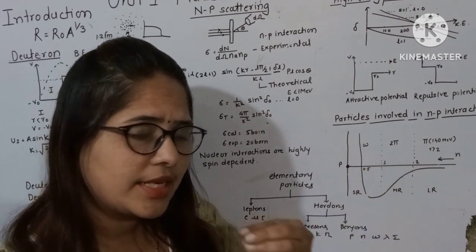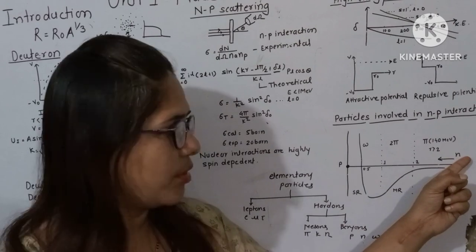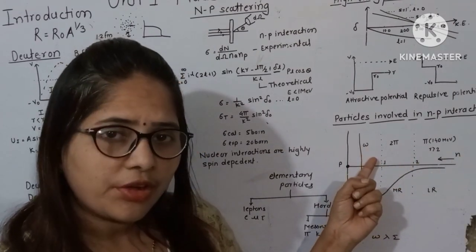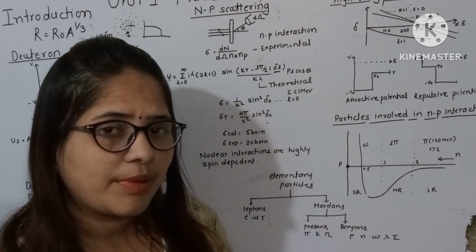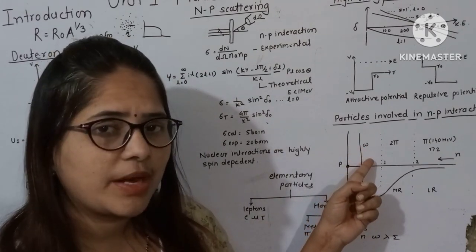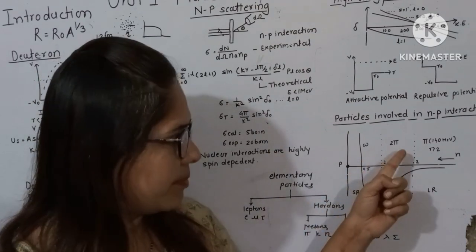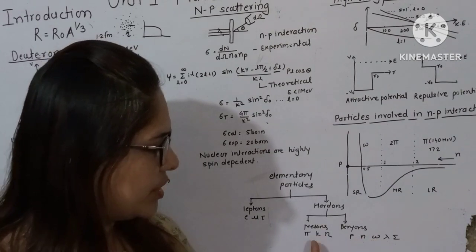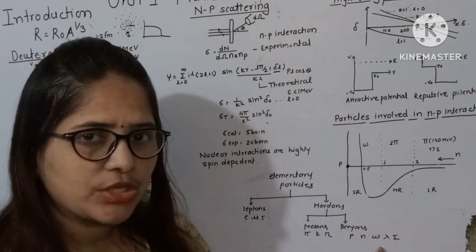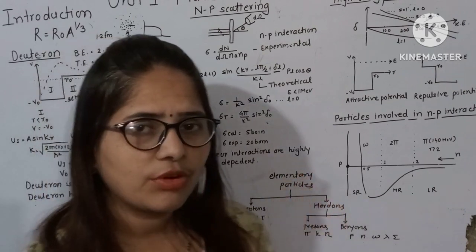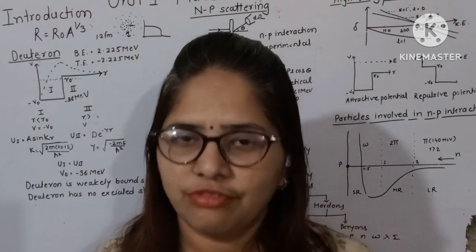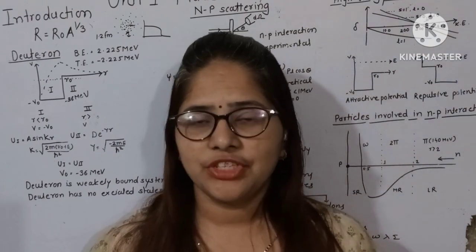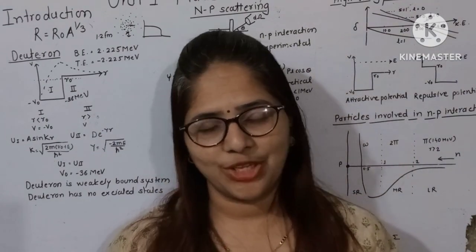Now if you again increase the kinetic energy of this neutron, what will happen? It will try to reach into the short range, and here the exchange particle will be heavier than a pion. Omega is a baryon, which is much heavier than these mesons. So this is what we have seen in our first unit. In my next video we will take the revision of our second unit. Thank you for watching.